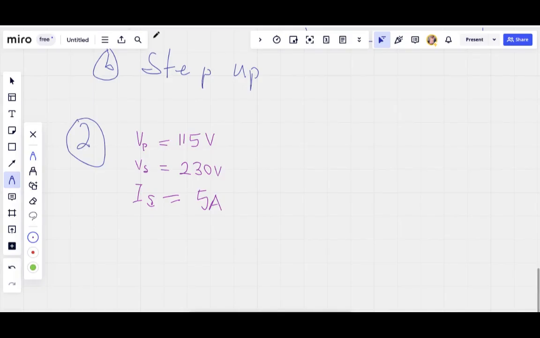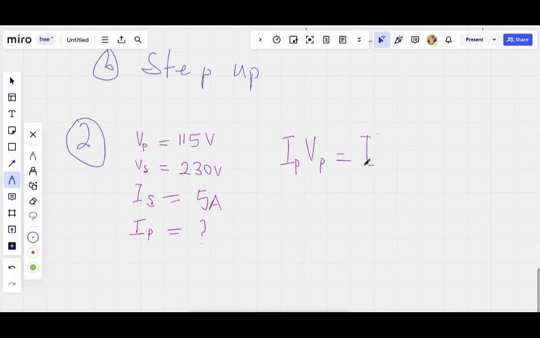So they want us to calculate the current from the mains, which is our IP, the current in the primary side of the transformer. We don't know it, so we put a question mark there. The equation we use, remember: input power equals output power. Our input power, the mains power, is IPVP, which equals the output power ISVS.